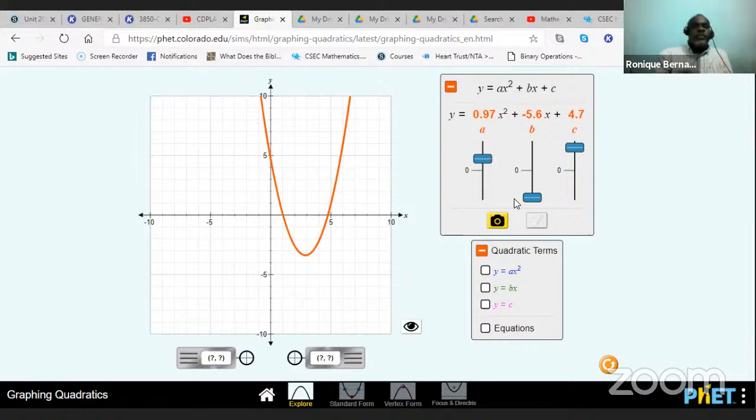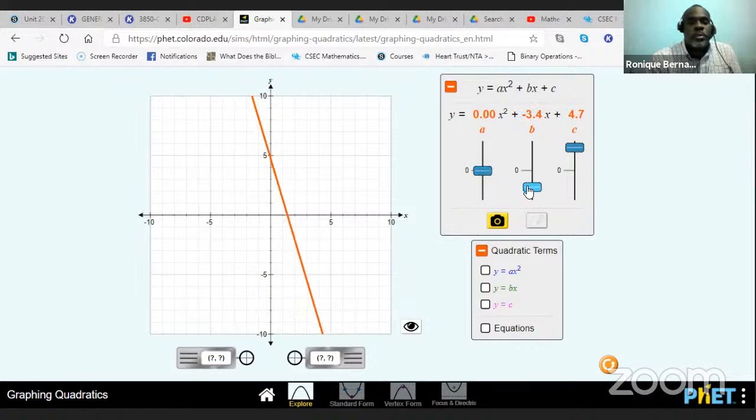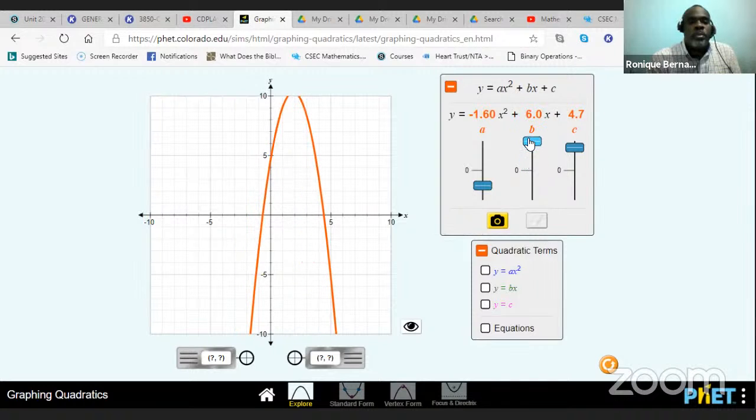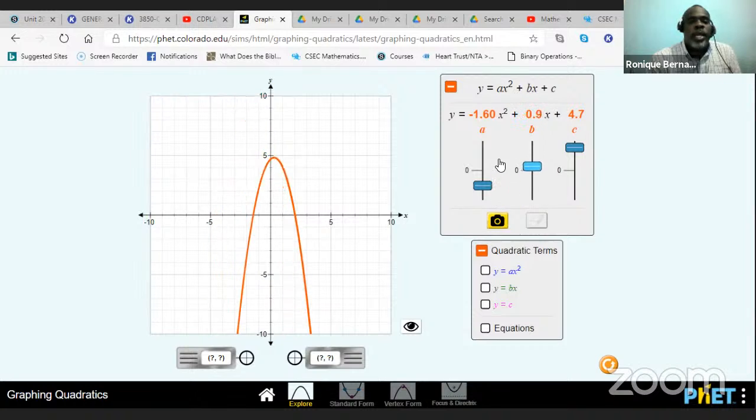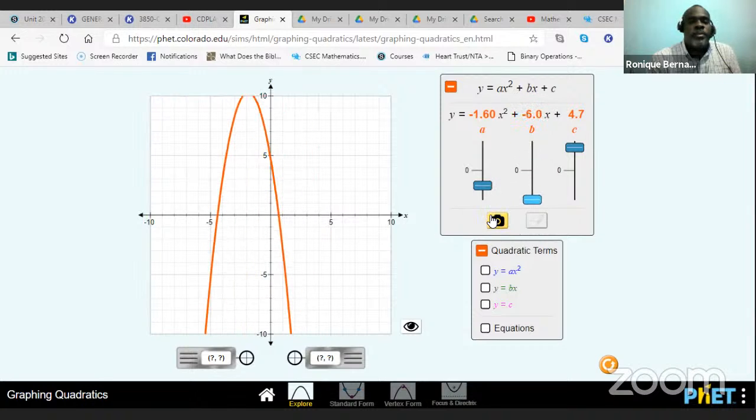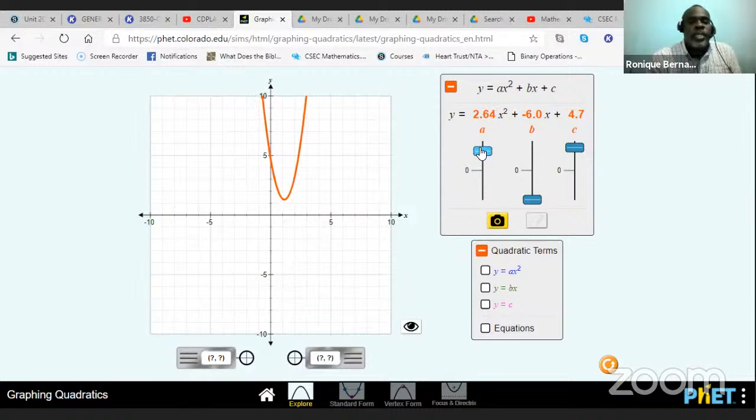What if we were to flip it? It remains the same. The y-intercept remains the same. Make sense?